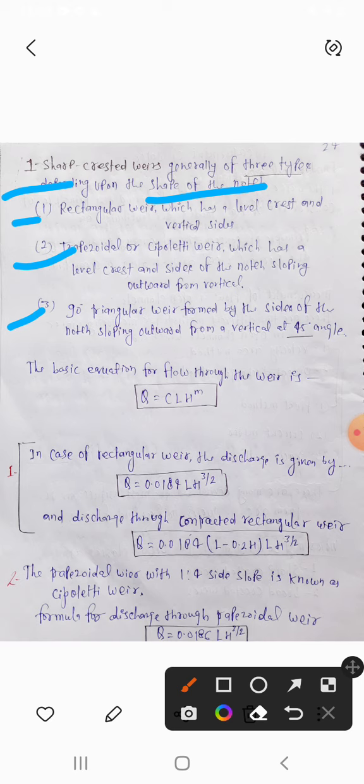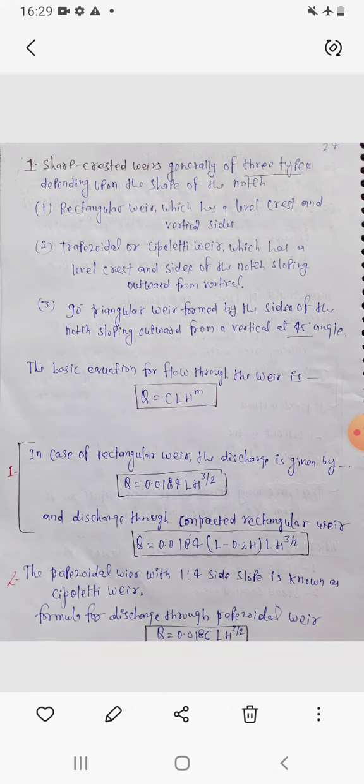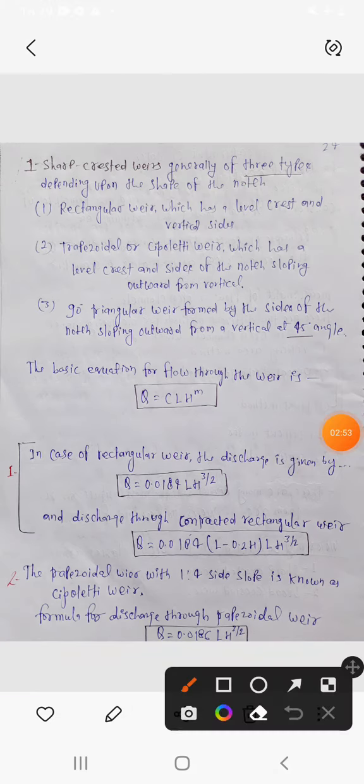First is rectangular weir, which has a level crest and vertical sides. Second is trapezoidal Cipolletti weir, which has a level crest and sides of the notch sloping outward from vertical. Third is 90-degree triangular weir, formed by sides of the notch sloping outward from the vertical at 45 degree angle. Actually, a triangular weir has both sides beveled from the downstream side.